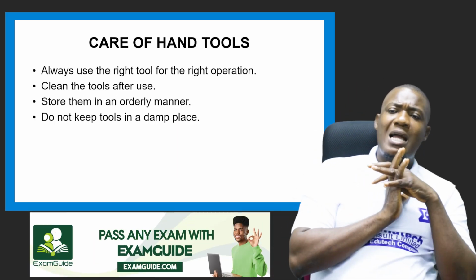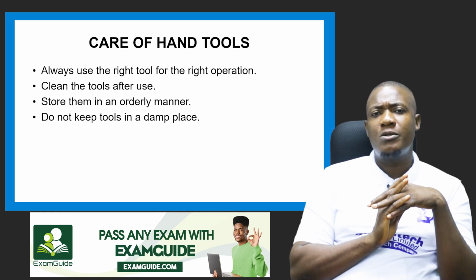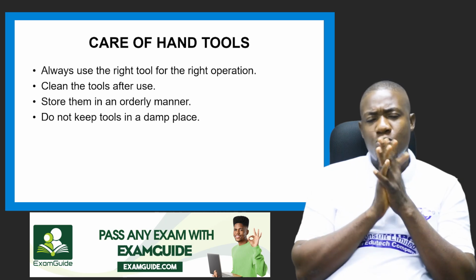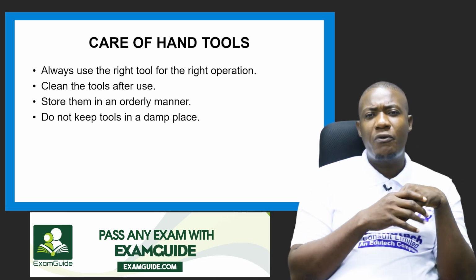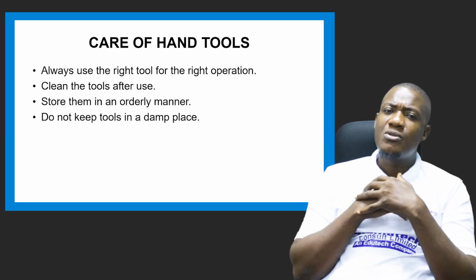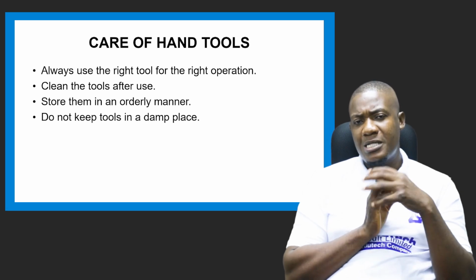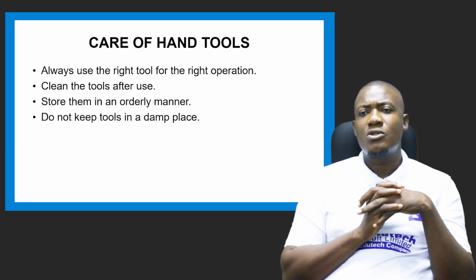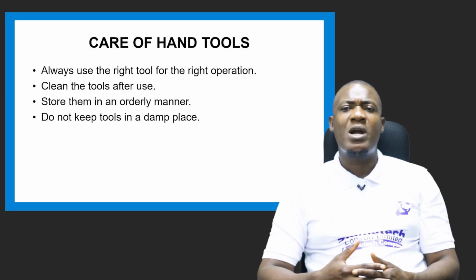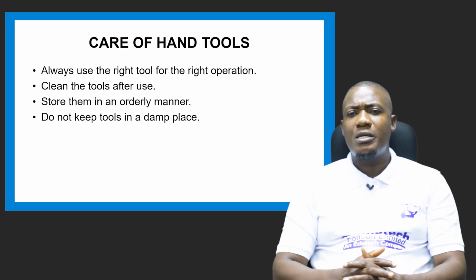Okay, now that we have discussed different hand tools that we use for woodwork, it's important you know how to take care of these hand tools so that you don't keep buying and replacing them. There are different ways we can care for the hand tools.